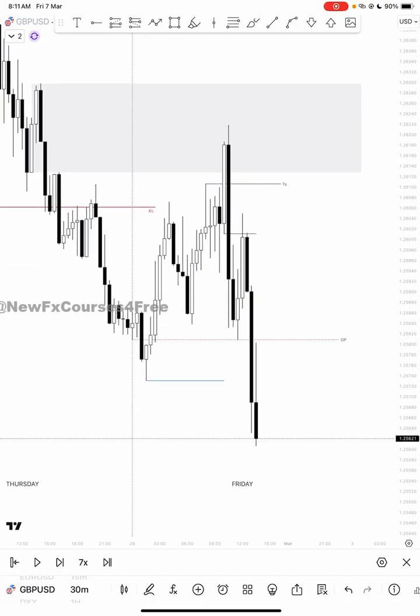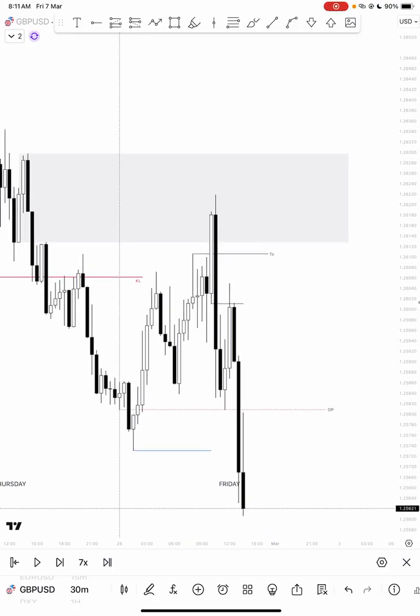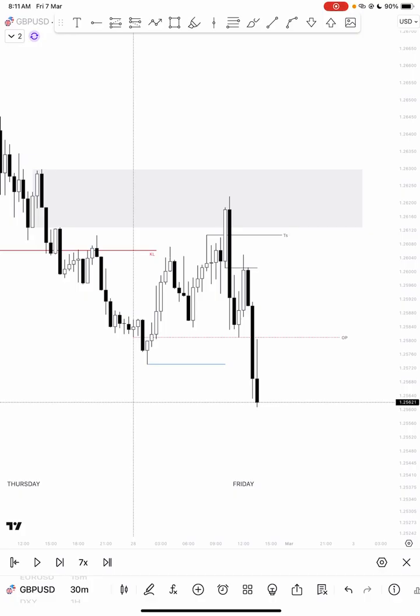So you got your open here, open price, this line here, open high, then let's look for our low, because this daily candle is yet to close.